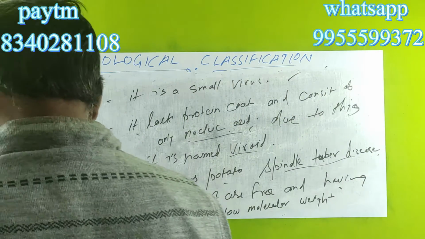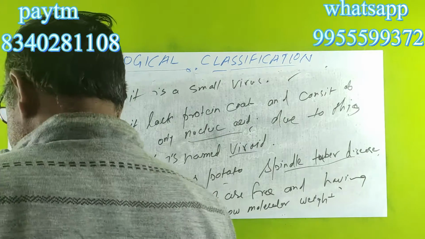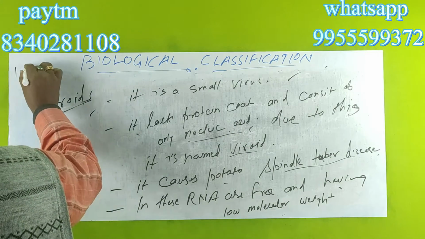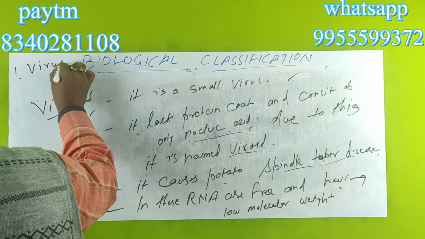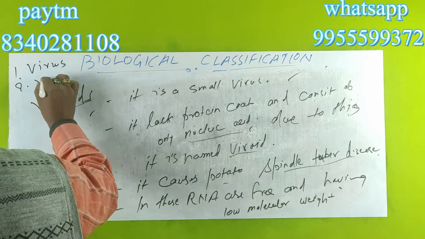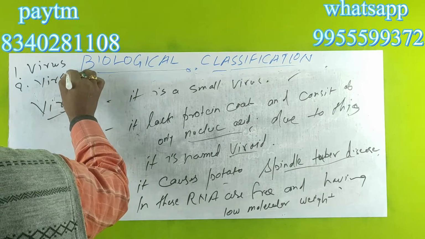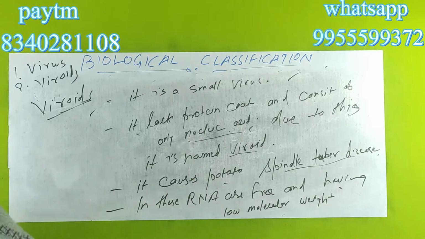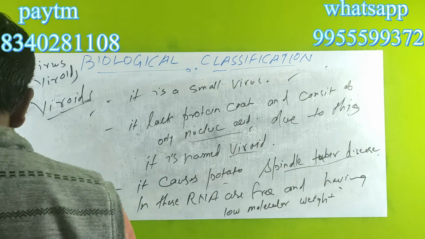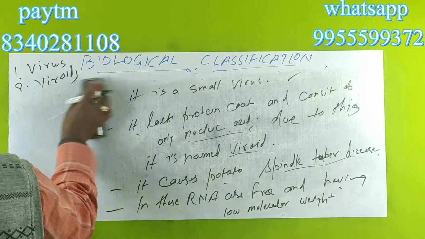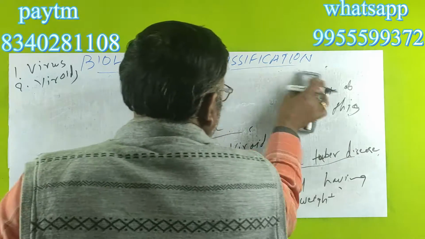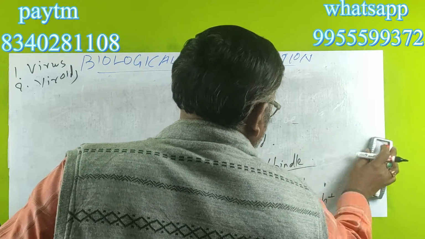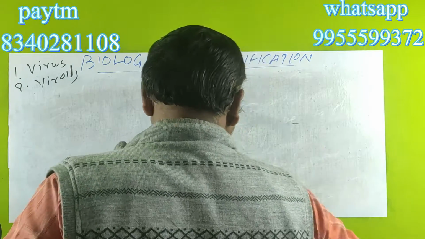So these are about viroids. We have discussed virus, second viroid, and now third we will discuss prions.